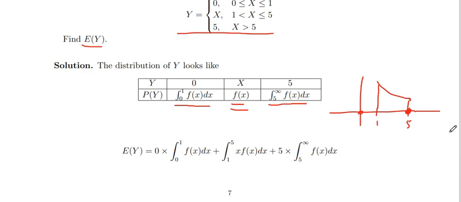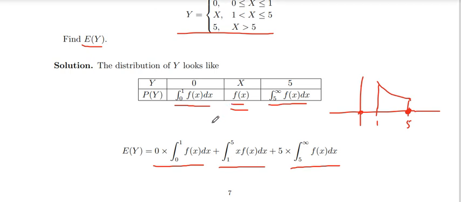Expectation is y multiplied by the probability, right? So y is 0 multiplied by the probability, plus y is x multiplied by the probability. So here addition becomes integration, right? So 1 to 5. And here y is 5 multiplied by the probability is that.